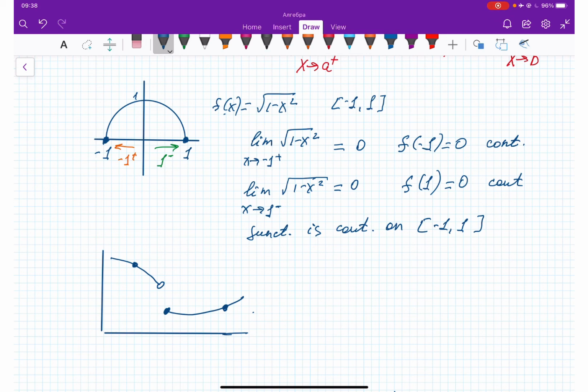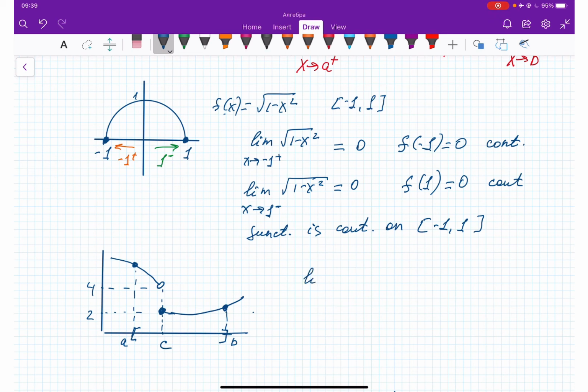And our closed interval, we are taking A and B. So let's say I take this point, C, and let's assume this is 2, this is 4.